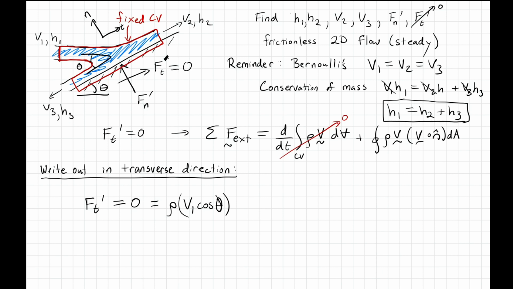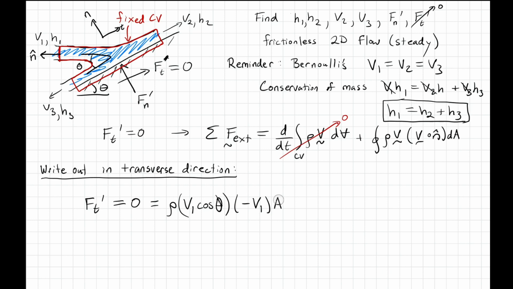Then I need the value of v dot n. Remember that it's an outward facing unit normal here, the unit normal for that surface. So the value here is minus v1. v1 and n hat are co-aligned, but n hat is in the opposite direction. So this is a minus v1. The minus is important here.